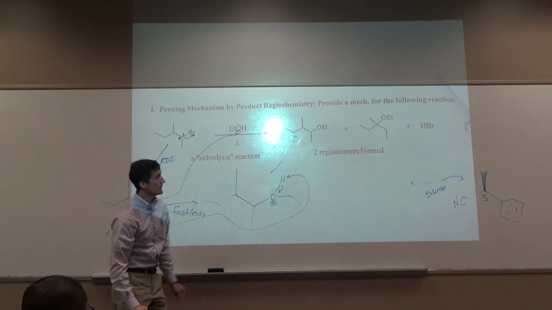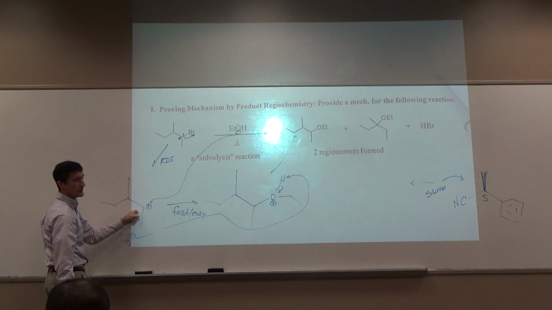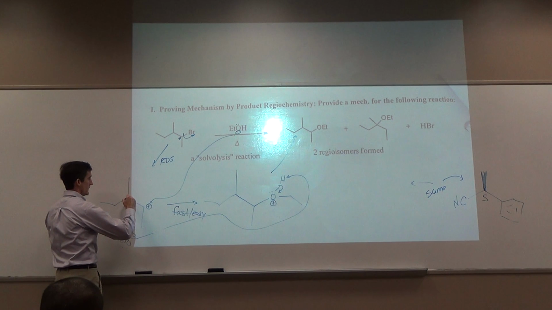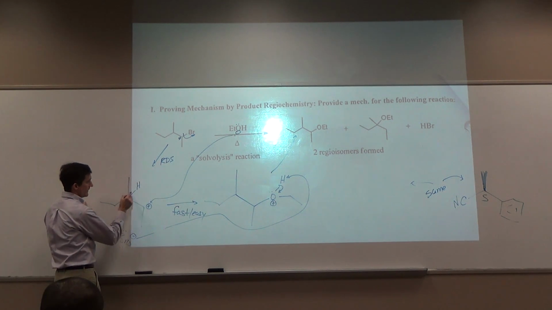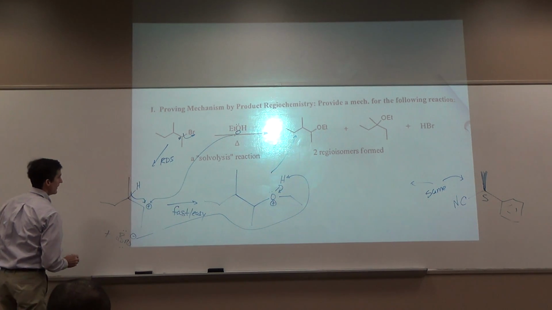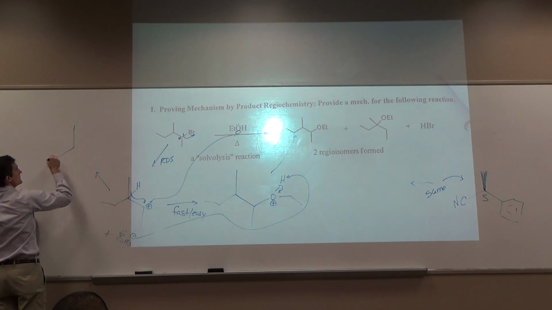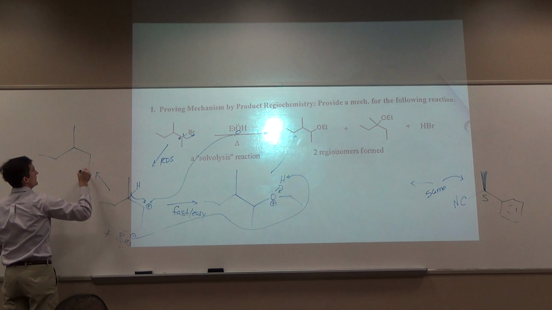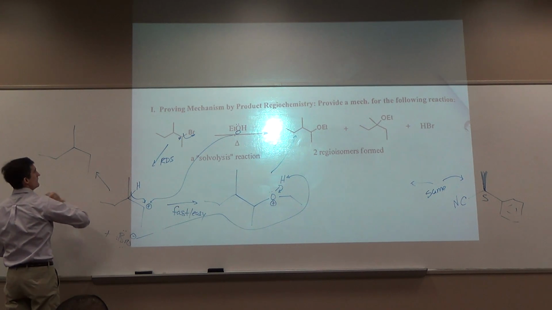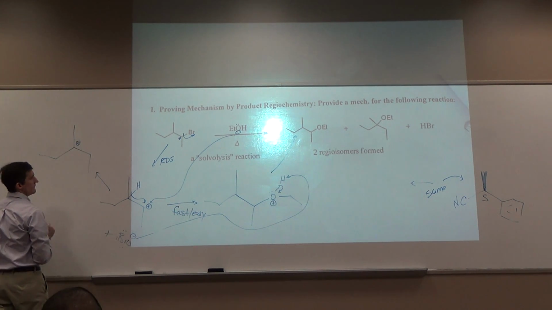Well, how do we get the other product? What are carbocations prone to do? There's an H there. You can do a hydride shift. If you do a hydride shift, you get this cation.